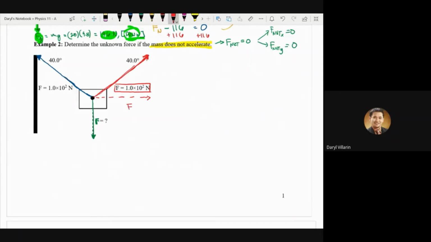So this is your Fx. Maybe I'll call this one 2 so that I have a distinction. So this would be F2x. And then the vertical component of such force, so this is my F2y.